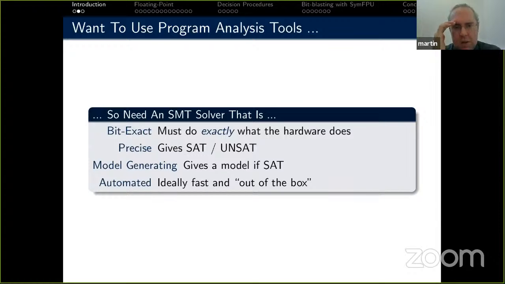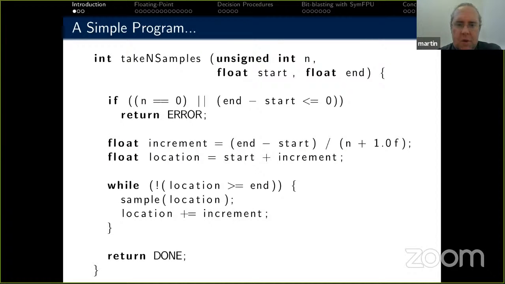So it's got to do exactly what the hardware does, because part of the reason why this question might be regarded as being difficult is that it depends a lot on the detail of floating point.